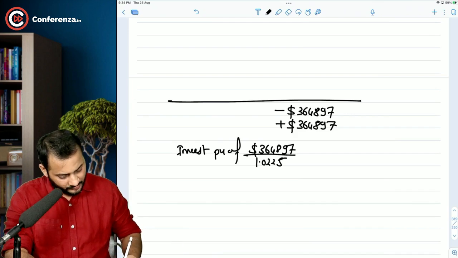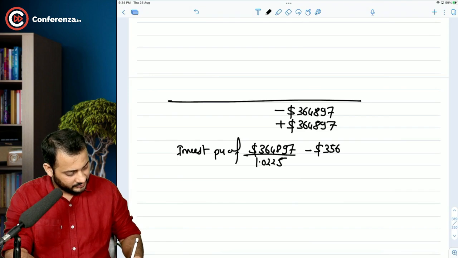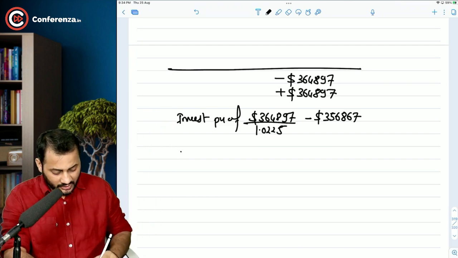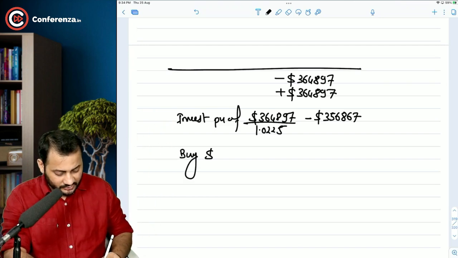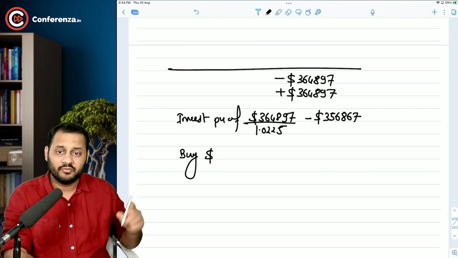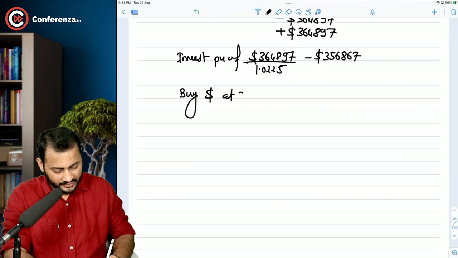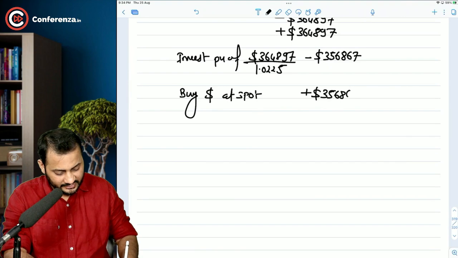That will be 356,867. So we have to invest this much of the dollar, and in order to invest this much of the dollar today, we have to buy them first. Buy dollar at spot. So we will first buy them, 356,867.